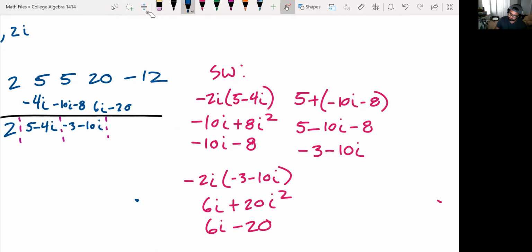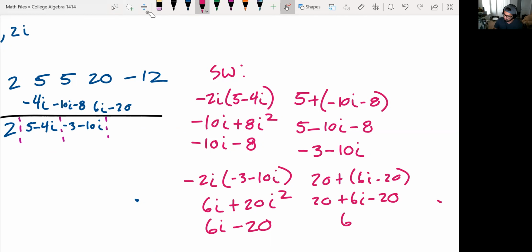And now you'll have 20 plus 6i minus 20, which gives you 6i. So your 20s cancel, and we're left with 6i.